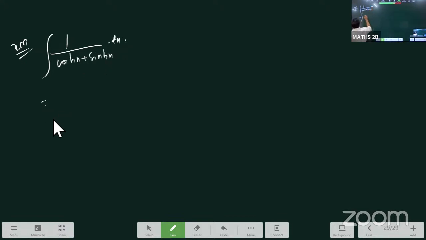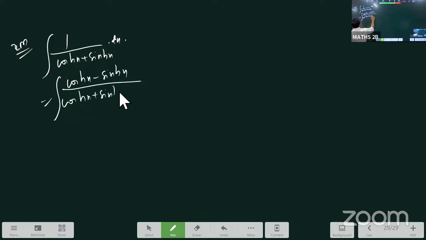Just few important 2 mark questions. Integration of 1 by cos hx plus sin hx. Now, I'm going to do rationalization with opposite side. So cos hx minus sin hx by cos hx plus sin hx into cos hx minus sin hx dx.